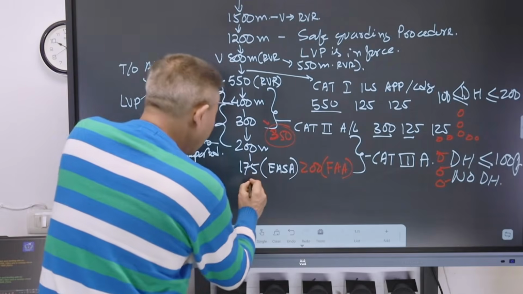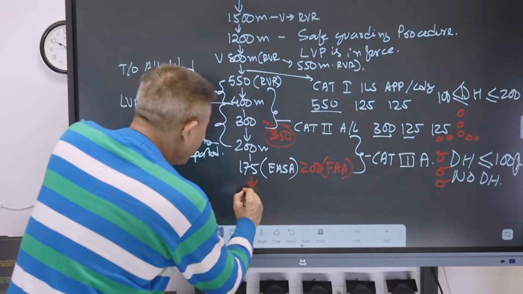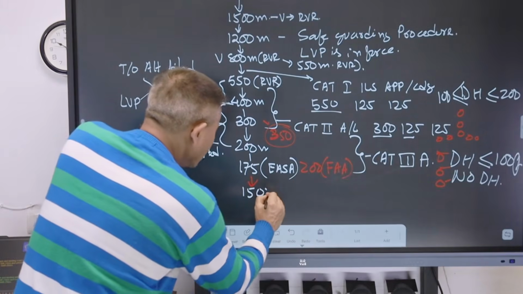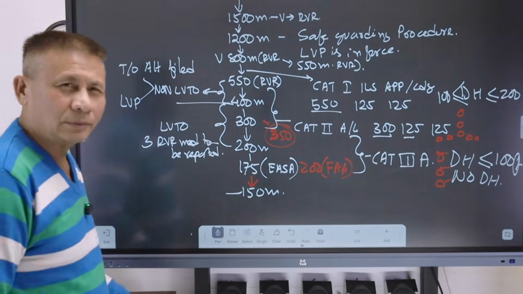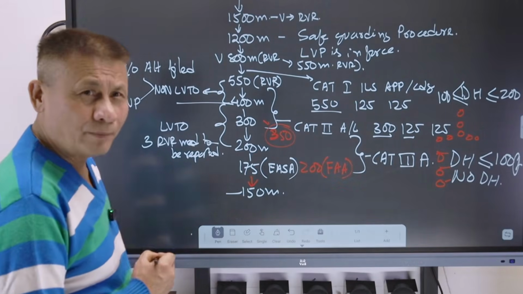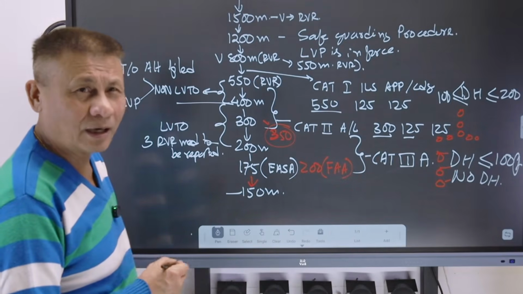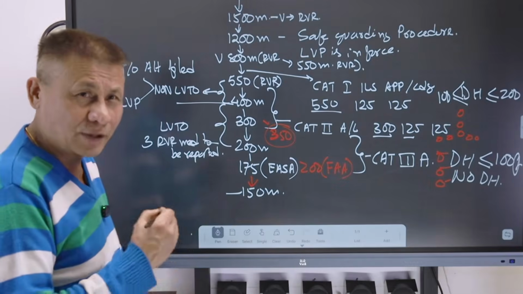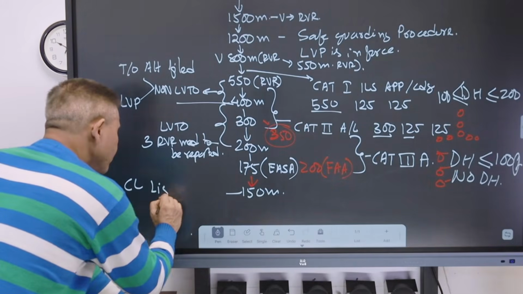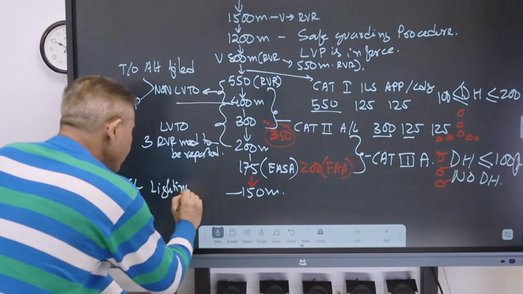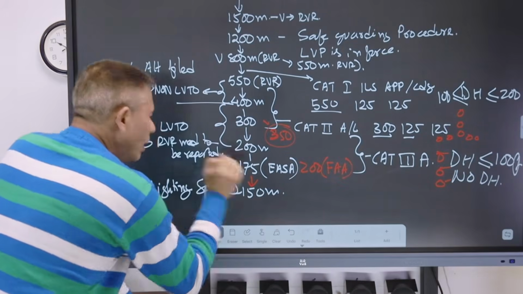Now let's come down further from 175. The next is 150 meters of RVR. I can carry out LVTO up to 150 meters of RVR, provided that the runway center line lighting spacing is 30 meters.